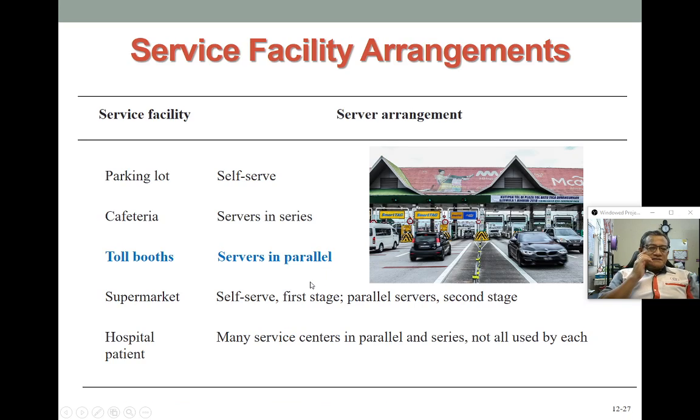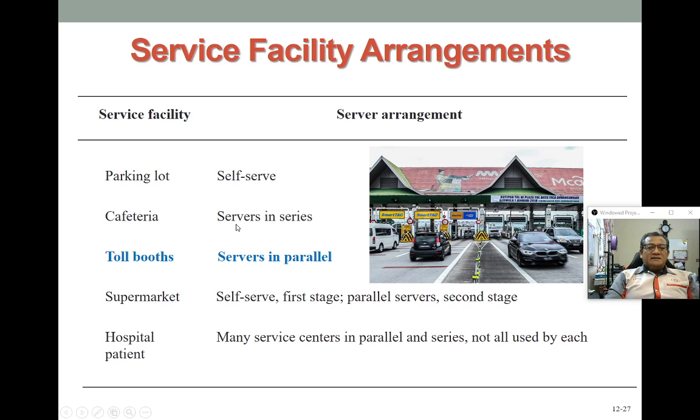Some of the service facility arrangements, as far as queuing, waiting lines, and how the customer gets served: like a parking lot, which is basically self-service. You park where you like, but normally people park at the nearest point where they can go to the facility at the nearest distance.